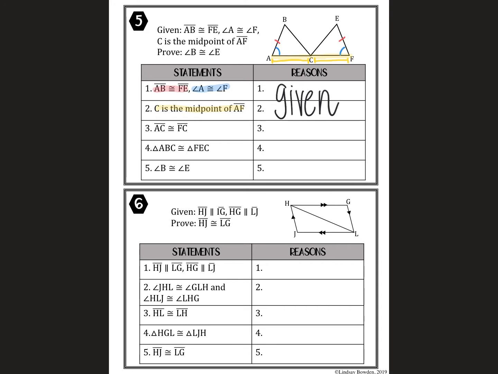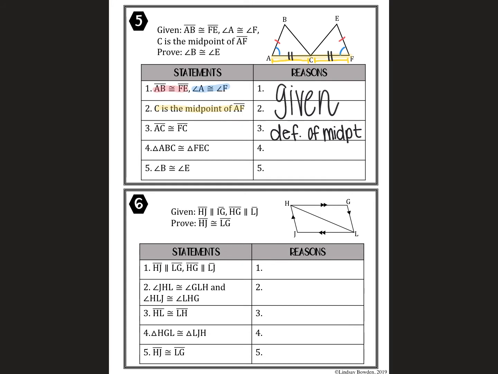Part 1 is called AC, part 2 is called FC. The reason we can mark those congruent is because that's what the definition of midpoint is. It means that point is right in the middle, so those two sections are the exact same length. And we need to make sure we add our double mark to those sides.